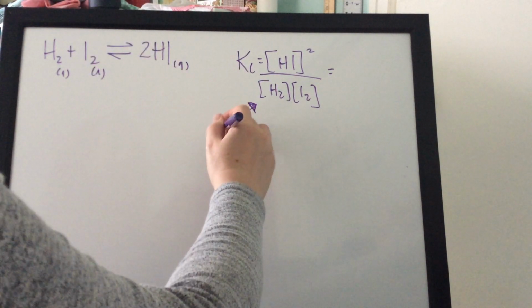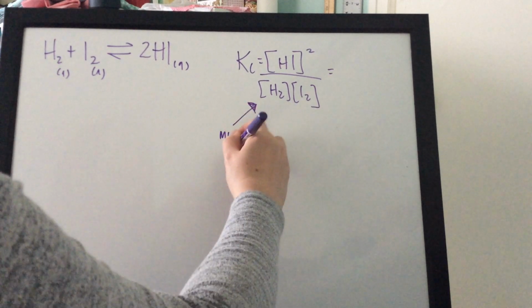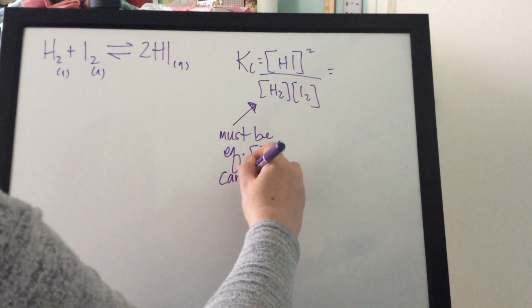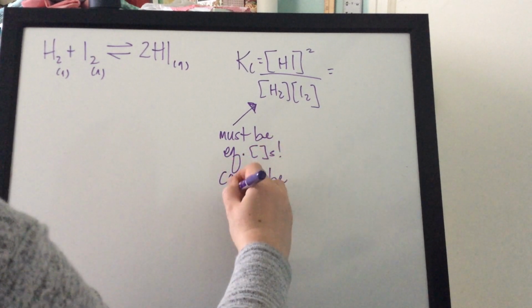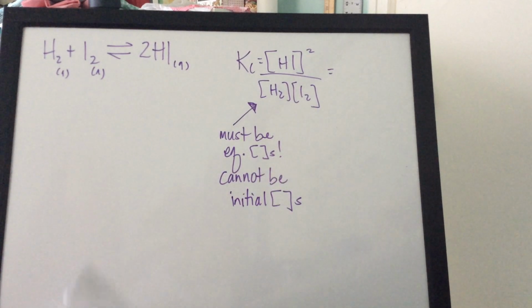situation, and it is that these concentrations must be the equilibrium concentrations, okay? They cannot be initial concentrations. Now, initial means, at time 0, okay, at the very beginning of a reaction. And the beginning of a reaction, of course, is not at equilibrium.